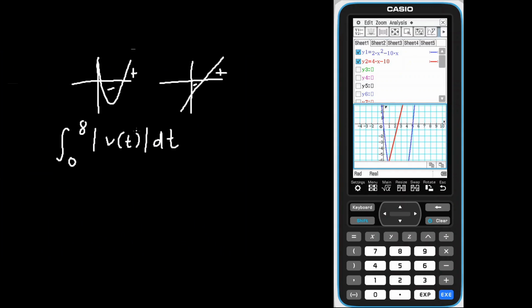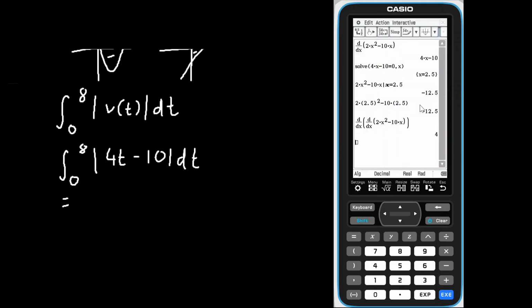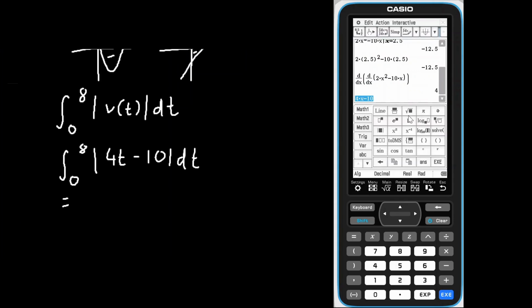And what we do is we say the integral of 4t minus 10 dt, and this is equal to, so we go back to our main function here, we grab that 4x value, and we are going to find the definite integral from 0 to 8, and we need the absolute value.